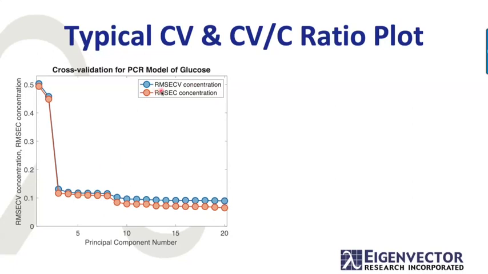Okay, so a couple things to notice here. One is that the error of cross-validation curve here is a little higher than the error of calibration, and you always get that where, of course, you're fitting your data a little better than your ability to predict it.